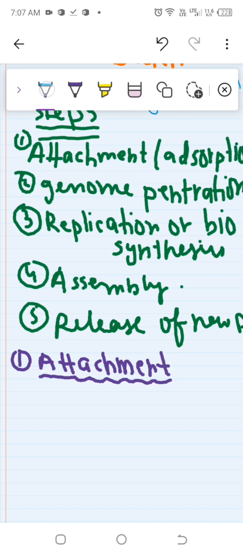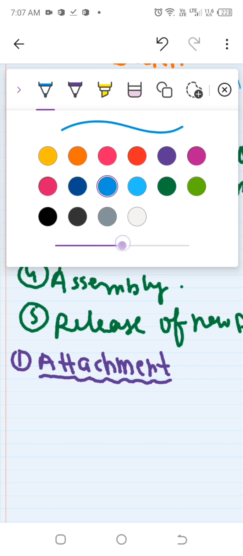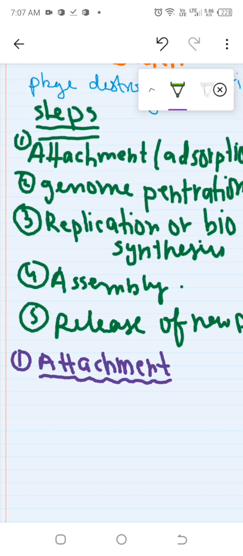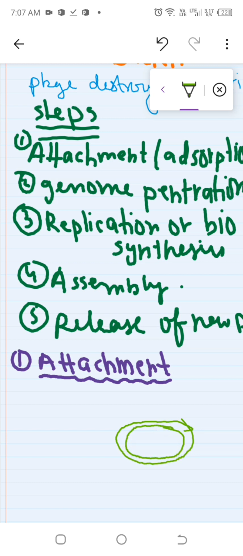In this phase, the bacteriophages attach on the surface of the bacteria, as shown here.